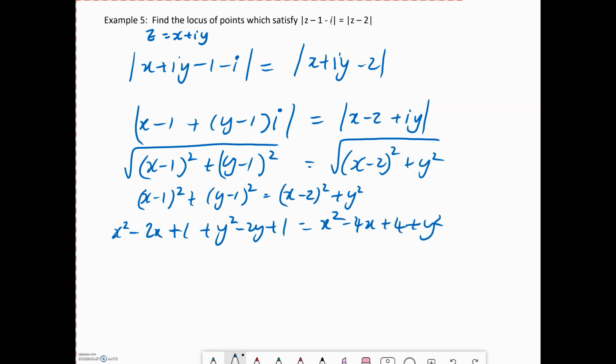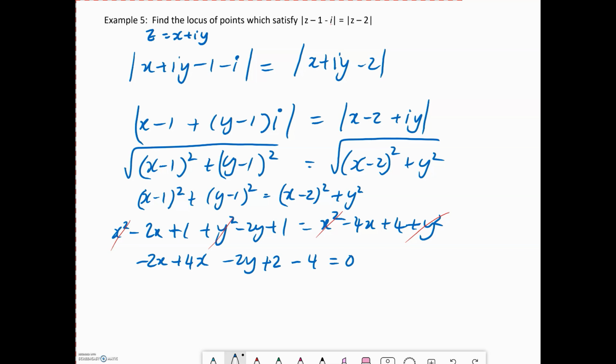Now we can simplify this and the x squareds cancel out and the y squareds also cancel out. And let's move everything else over to the left-hand side. So we will have minus 2x plus 4x minus 2y plus 2 minus 4 equals 0.